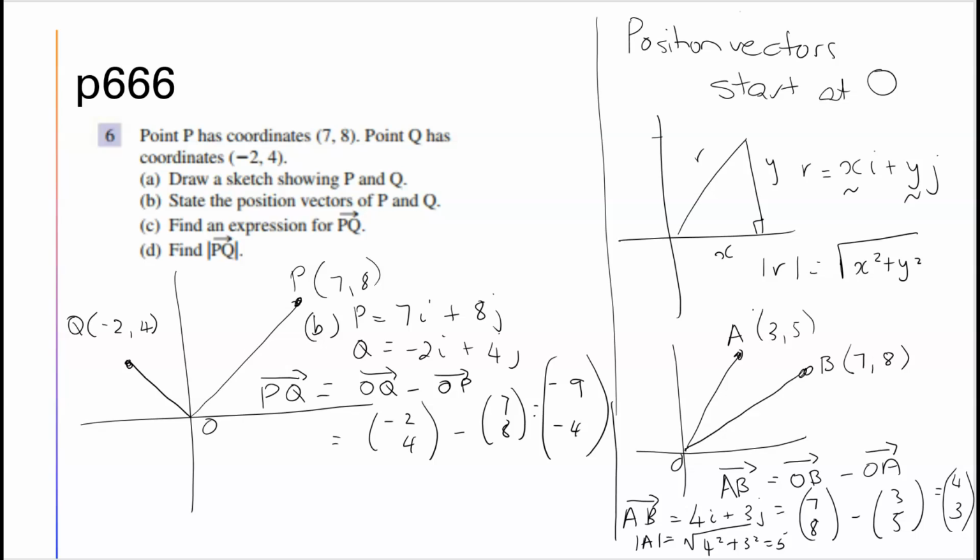And we can then find the length of that for part D. The length of that is going to be the square root of 9 squared plus 4 squared, 97. Like that.